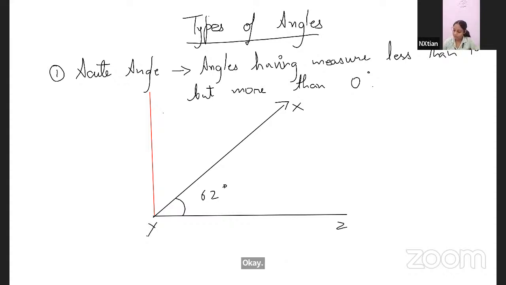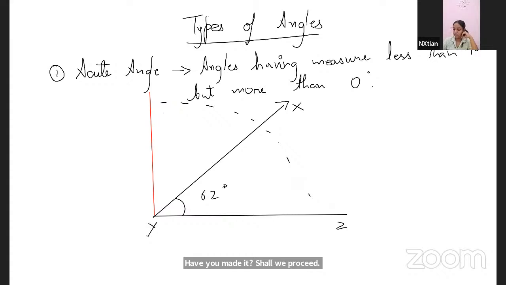All the angles which are falling in this arc will be acute angles, falling below 90 and above 0. Have you made it? Shall we proceed? Yes, ma'am.